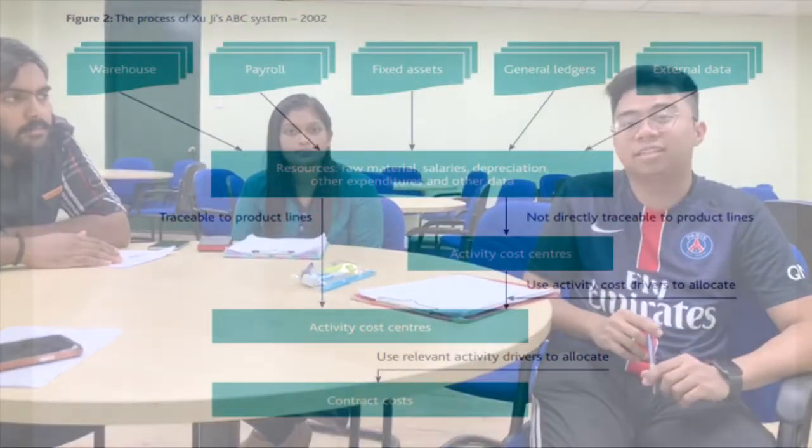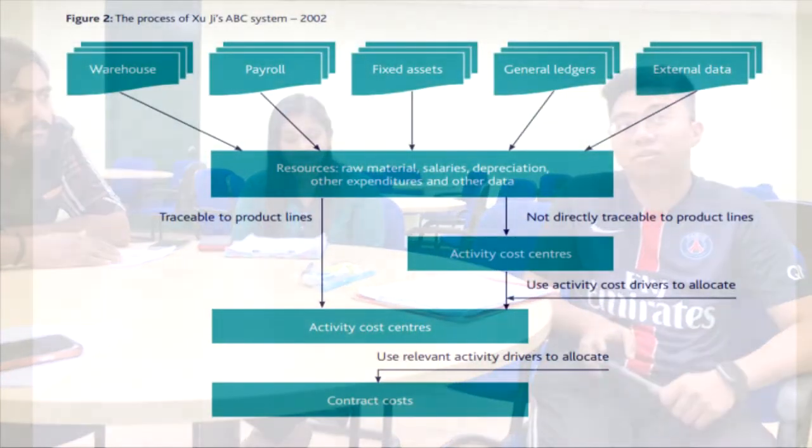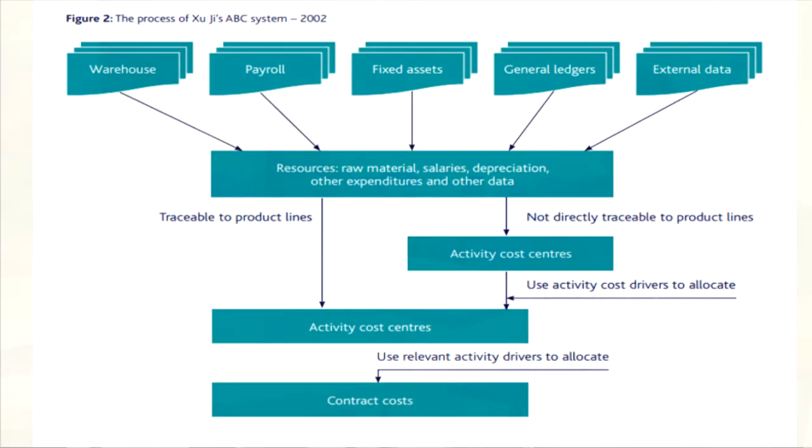Okay, then in 2002 they began a trial of the ABC system. If you see this figure, they collect data from warehouse, payroll, fixed asset, general ledger, and external data into direct material, direct labor, and other overhead costs.